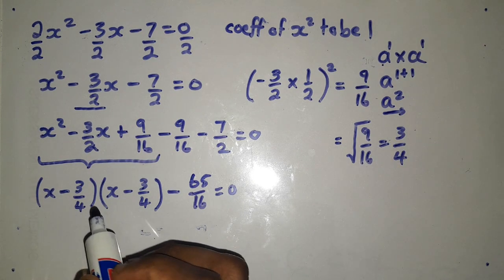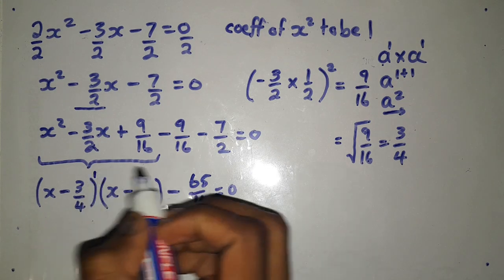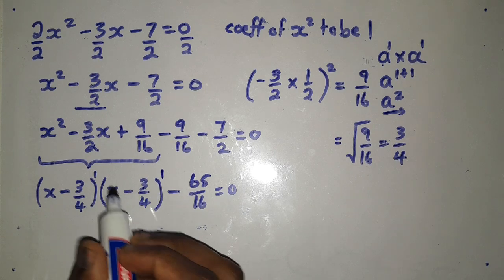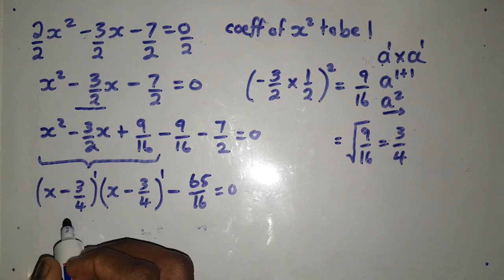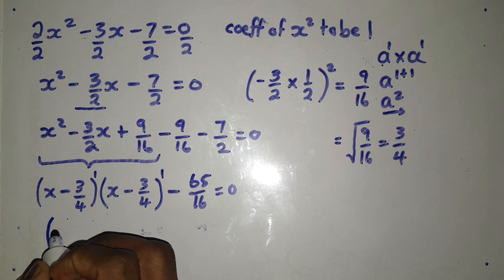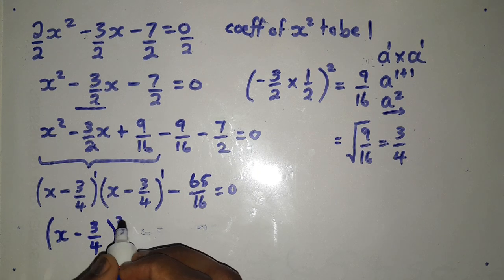We have the same brackets in a way. Each has an exponent of plus 1. For the same brackets, we add our exponents. Then now we are going to get x minus 3 over 4 squared.